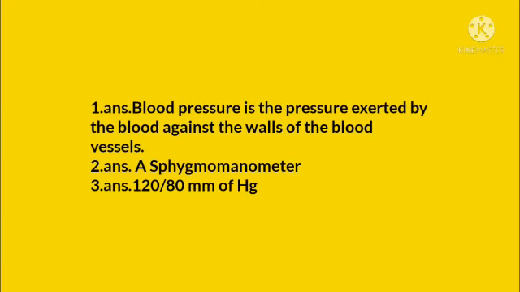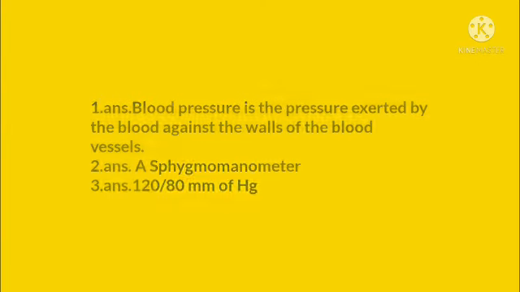The first answer is, blood pressure is the pressure exerted by the blood against the walls of the blood vessels. The second answer is the sphygmomanometer. This is the device used to measure BP. And the third answer is 120 by 80 mm of Hg. This is the normal range of blood pressure.